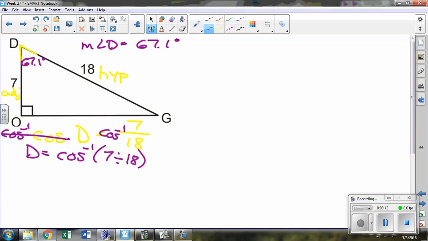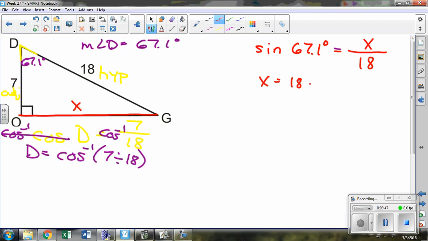If we wanted to avoid the Pythagorean theorem, let's just say you don't like doing Pythagorean theorem, okay, well, we could go and figure out this side then by saying the sine of 67.1 degrees equals opposite over hypotenuse. We can take the information we have and then go from there. For this problem, we'd then have x equals 18 multiplied by the sine of 67.1 degrees.